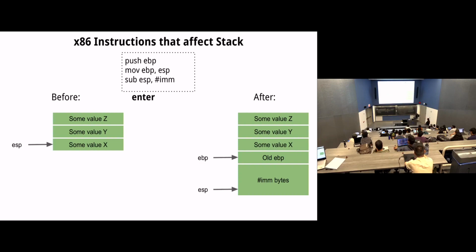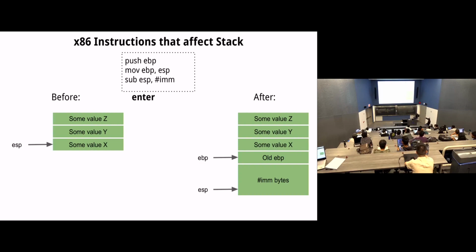So let's see how this works. The stack looks like this: Z, Y, X, and ESP points to this. Then the first step, we push EBP. Then the EBP value will be saved here. After that, ESP will point to here. Then we move ESP to EBP, so we override the old EBP value.